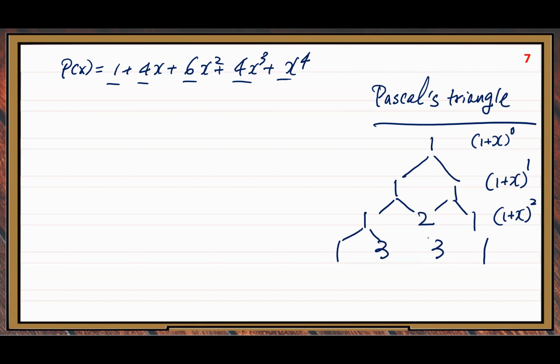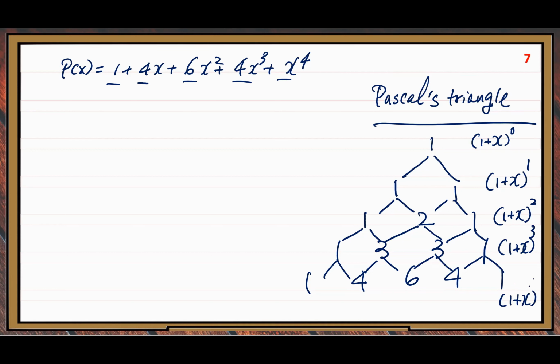The number 3 equals 1 plus 2, two numbers adding together on its shoulders. That's 1 plus x cubed. Then 1, 4, 6, 4, 1. Also, you get a number from the sum of the two shoulder numbers. That corresponds to 1 plus x to the fourth. That's Pascal's triangle. Okay?